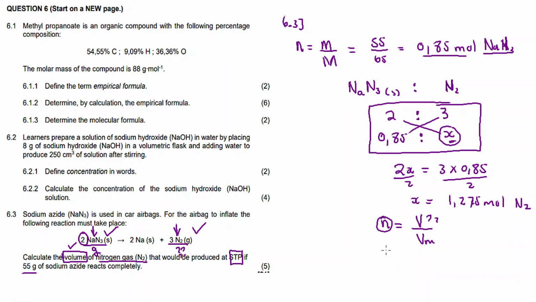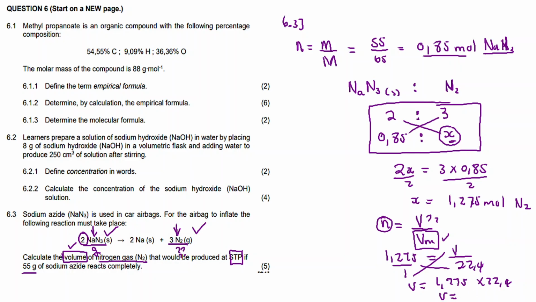So these are the number of moles, 1.275 for nitrogen gas. Volume produced is unknown. At standard temperature and pressure, the molar volume is 22.4. In case it's on your formula sheet, just make sure you know the molar volume, all the constants in fact. Then you cross multiply. V times 1 is V, then 1.275 times 22.4.